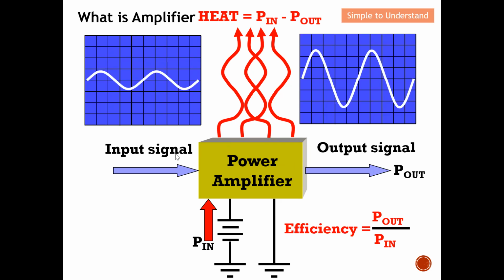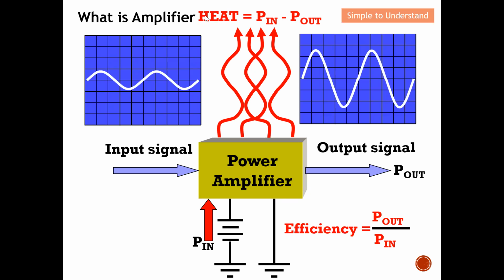When we convert from the input signal to an output signal, a lot of power is lost to heat. To quantify the amount of heat loss, we can easily compute it by taking the power at the input minus the power at the output. This represents the energy loss, and hence, as I mentioned earlier, the amplifier's loss is typically dominated by heat.